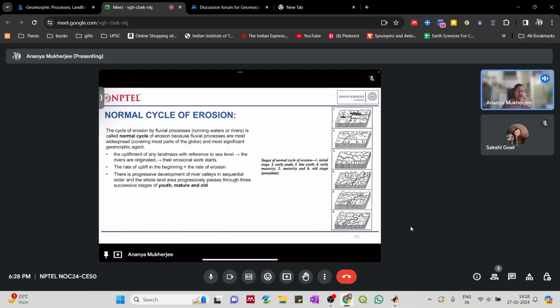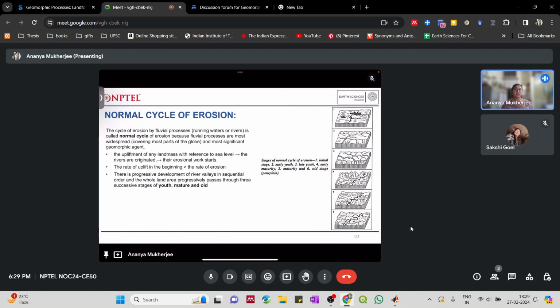As I said before, the most abundant geomorphic landforms that are found on the surface of the earth belong to the fluvial category, because the river systems are widespread. Every continent has numerous river systems, and they also cover a large area. The river systems flow through major parts of the land on earth.